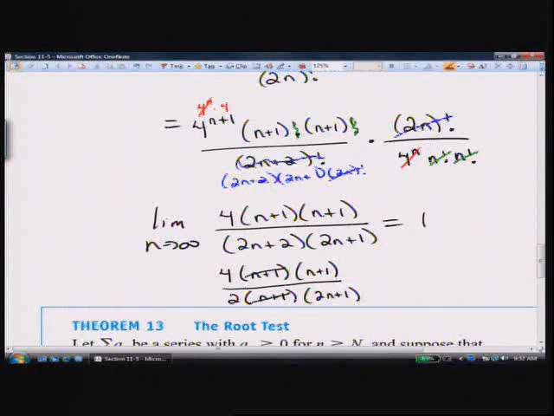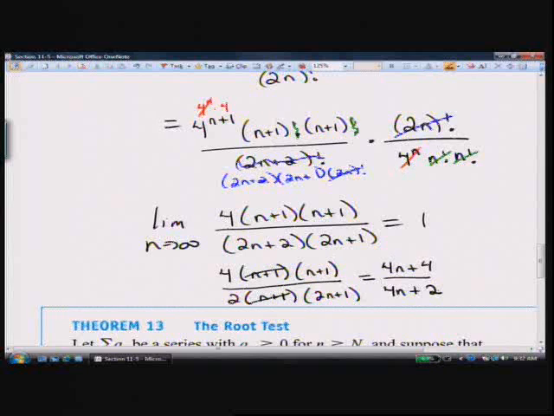And so this is 4n plus 4 over 4n plus 2. Do you agree with that?